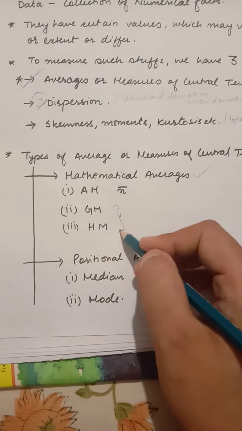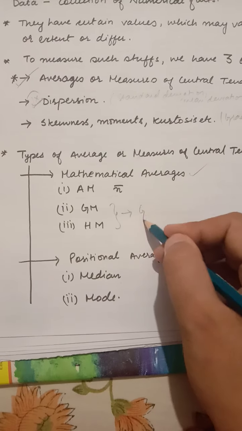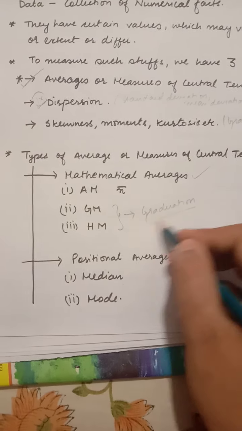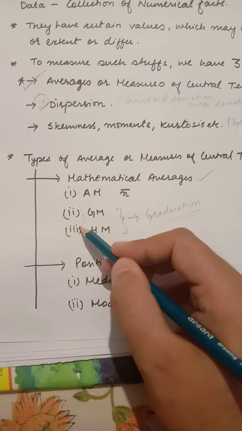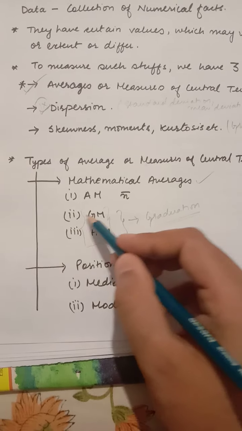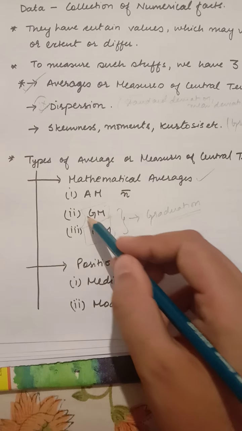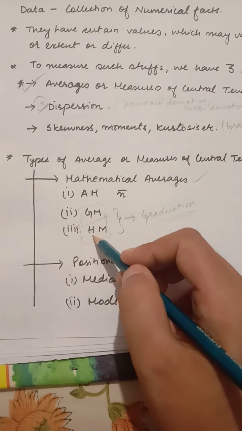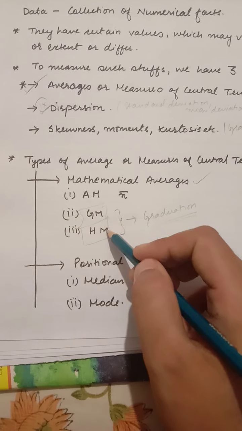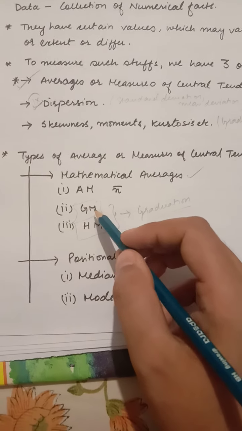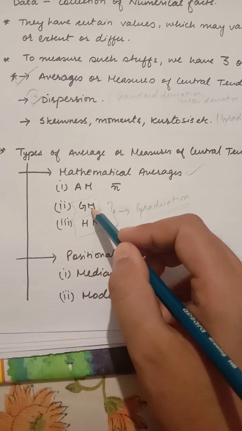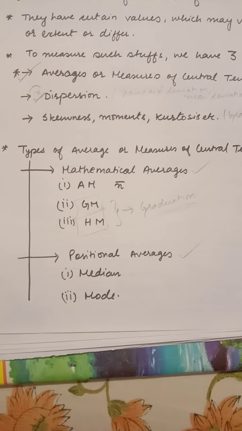These two are important for graduation students. Don't get confused with what has been taught in mathematics about GM or harmonic mean. It's quite different. For finding the geometric mean and harmonic mean, we have to use the logarithm table and the anti-log tables to find the values related to GM and HM.